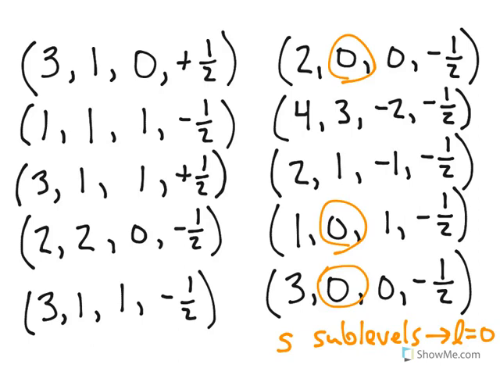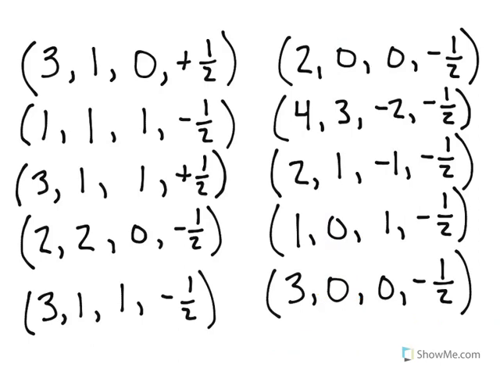So we've got 3 that are in the S sublevel. And we could do that again, this time for the D sublevel. Well, D corresponds to an L value of 2. Looking down our angular momentum quantum numbers, there's a 2, and that's actually the only one. So there's only 1 electron out of these 10 that's in a D sublevel.